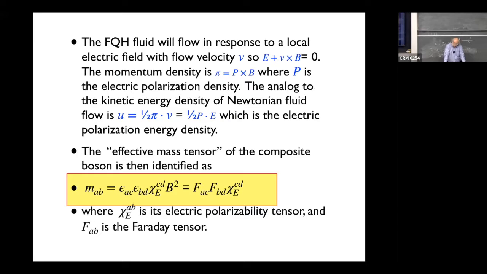So there's some susceptibility which can actually vary between different Landau levels if it's not rotationally invariant. And so the electric susceptibility tensor just maps back and tells you what the extra energy associated with the flow velocity of the thing is.